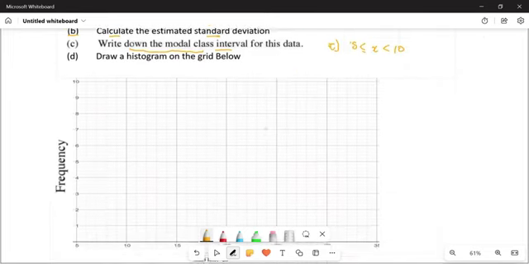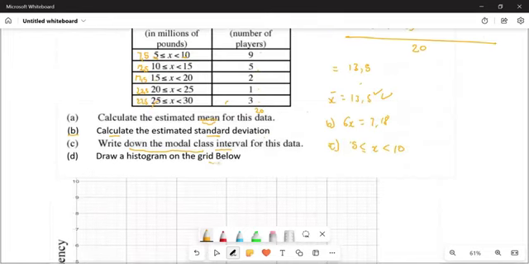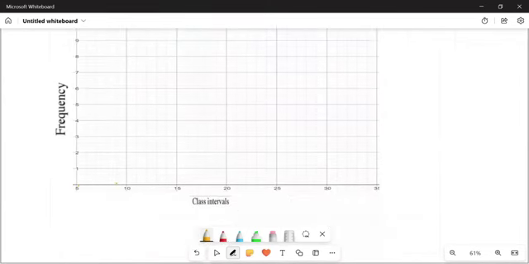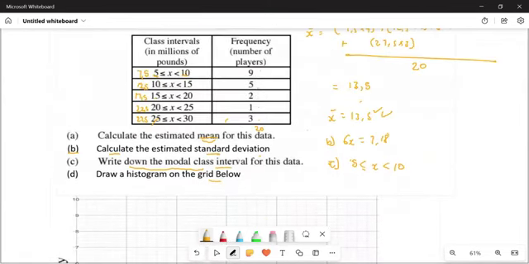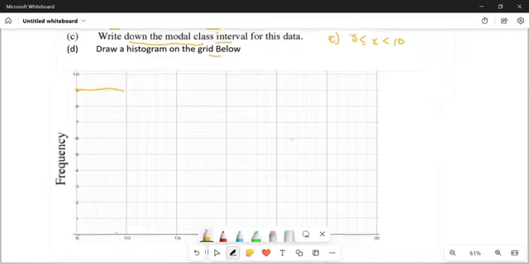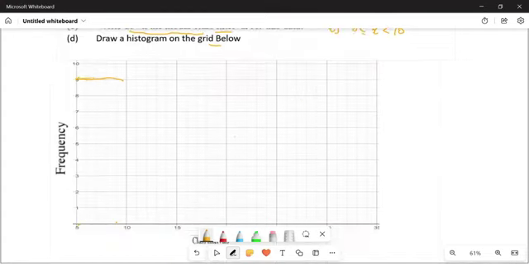Yes. We're supposed to draw a histogram after it. So the grid is provided. We have 5 to 10. Between 5 and 10, we have 9, so you come and check 9. 5 to 10 is going to be 9. Here it is. So this is going to be a histogram.